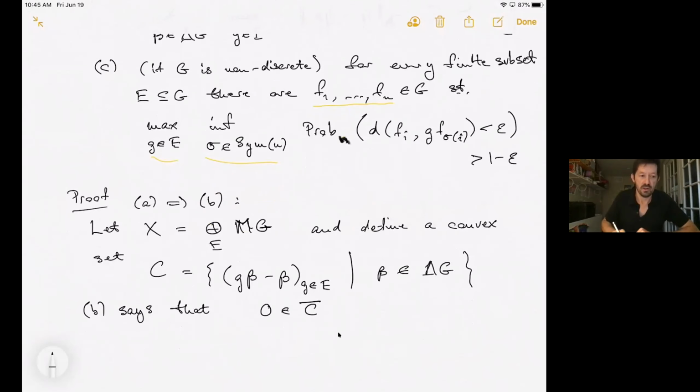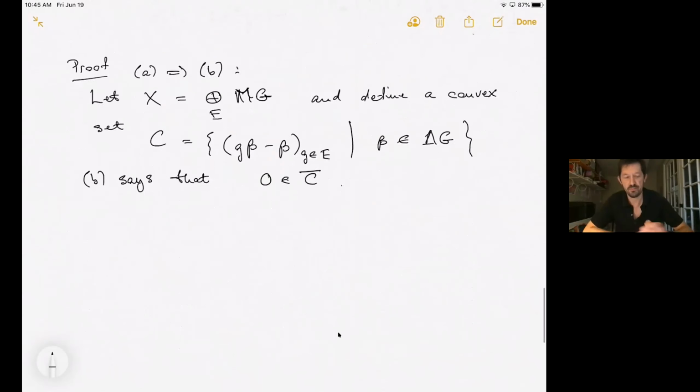So that's the goal that we have to aim for.